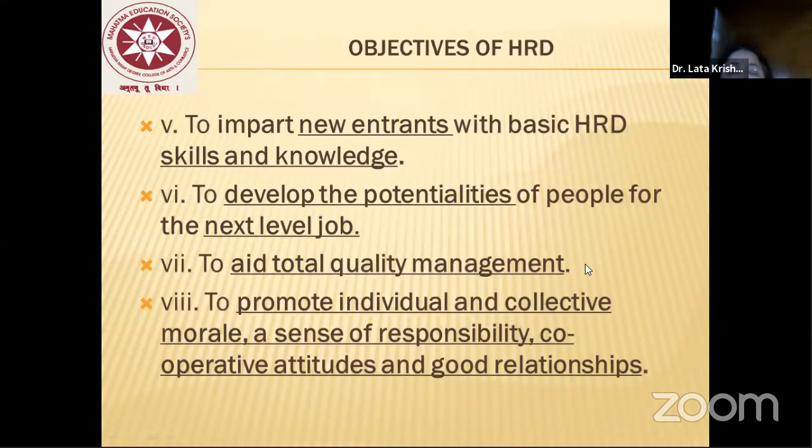So when we say zero mistakes, it can happen only when every employee, right from the lowest rung to the highest rung, understands the philosophy of the company, where the company believes in total quality, zero defect. And this is something that has to percolate from top to bottom and bottom to top in an organization. And this is possible only through proper human resource development.